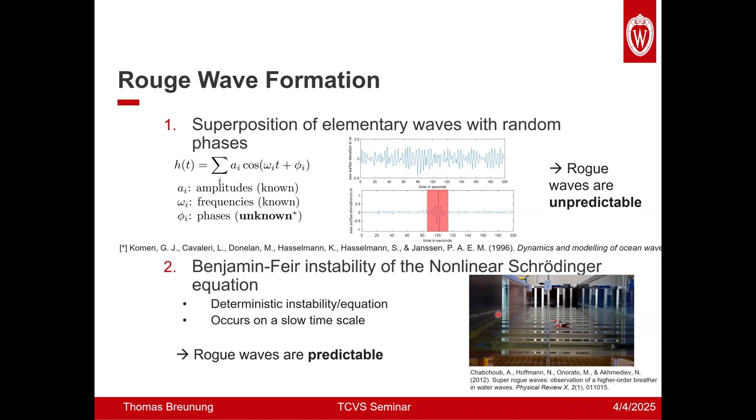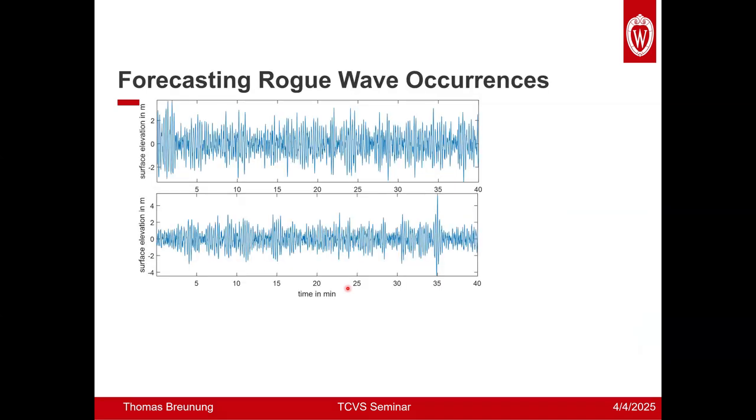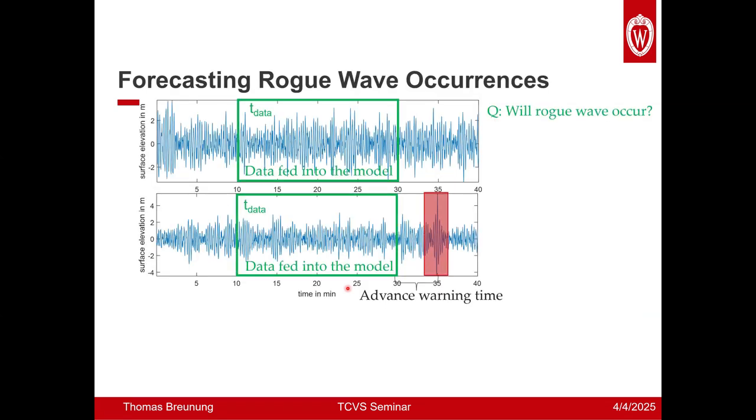So these primary theories explaining rogue waves are conflicting. Are rogue waves now predictable or unpredictable? We took a very pragmatic approach to rogue wave forecasting. Remember, we want to answer the question: will a rogue wave occur?